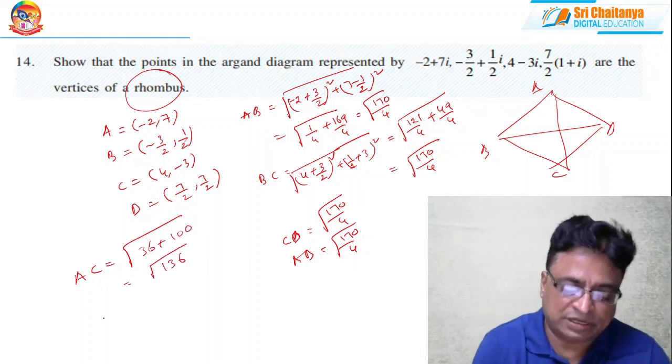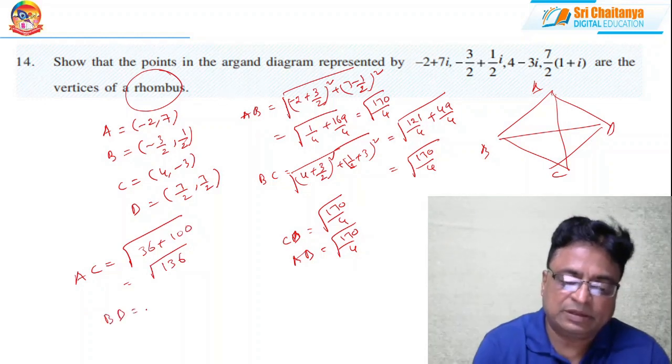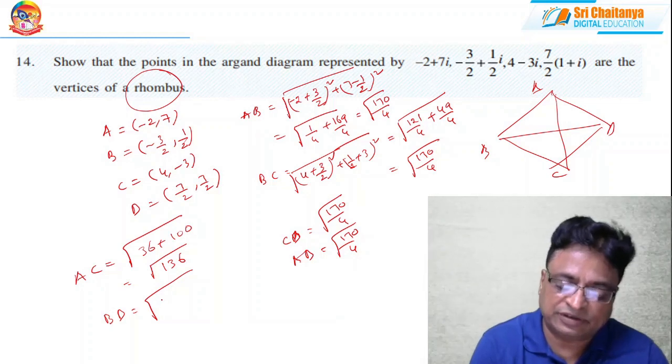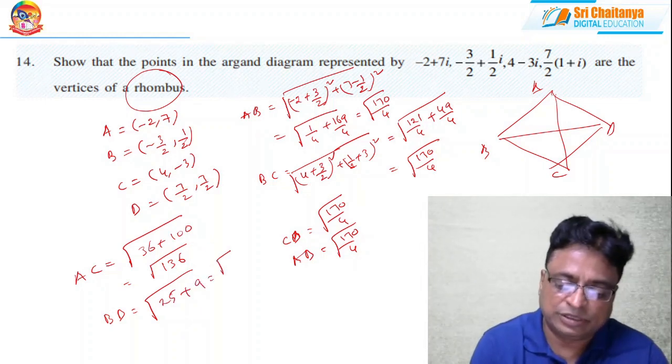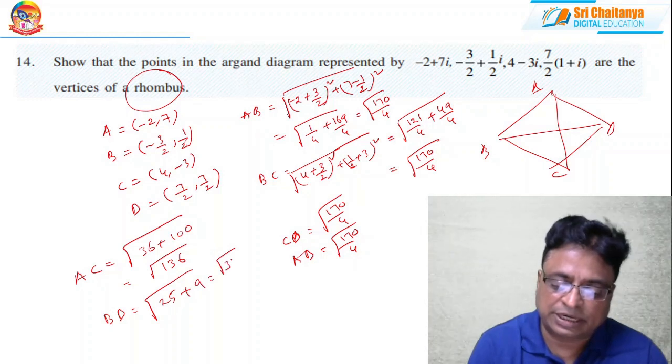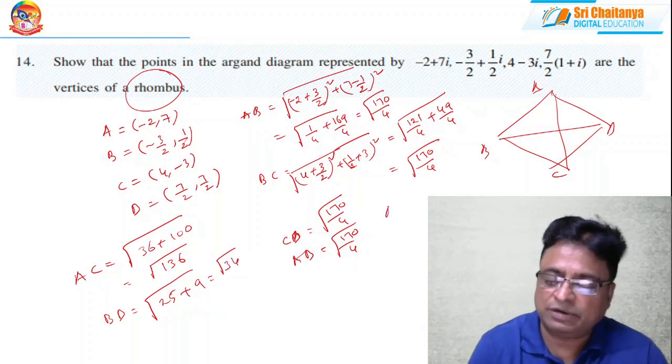And BD, that is root of 7 by 2 plus 3 by 2, that is 10 by 2, that is 5, that is 25, plus 7 by 2 minus 1 by 2, that is 6 by 2, that is 3, 9, that is root 34. So AC not equal to BD. Clear?